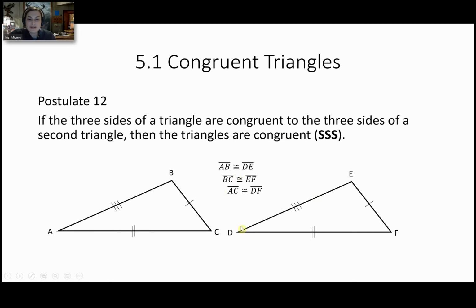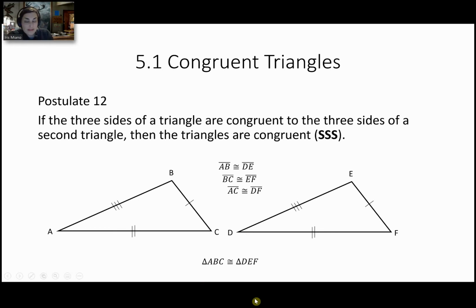So here is a generic example of 2 triangles that have side, side, side congruency. You can see the 3 matched up corresponding edges that are stated here with the mathematical notation, with the tick mark notation on the edges, and that's one way that you could conclude that the 3 sides are congruent.